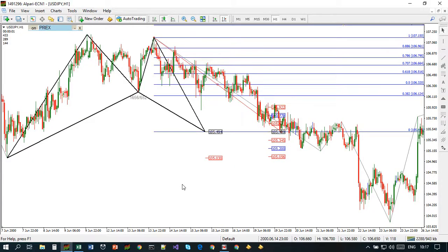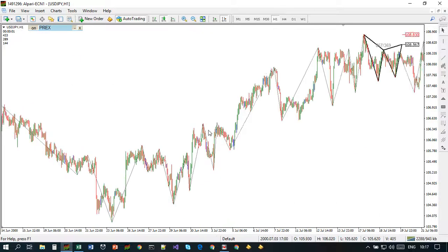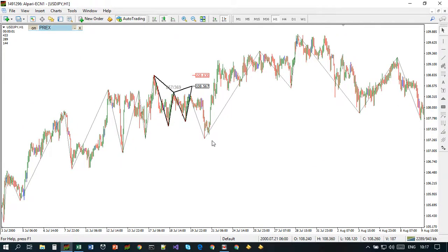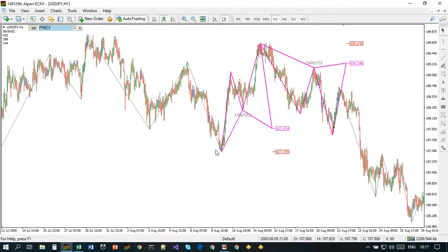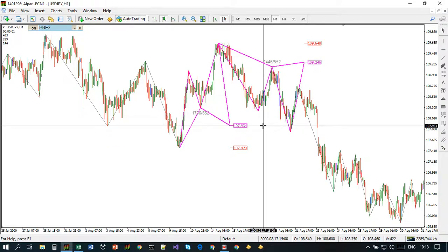Now continue. We do not re-enter these patterns, especially on dollar yen. On euro dollar we can re-enter because euro dollar provides sharp reversals, and when we have that kind of second test it is okay.